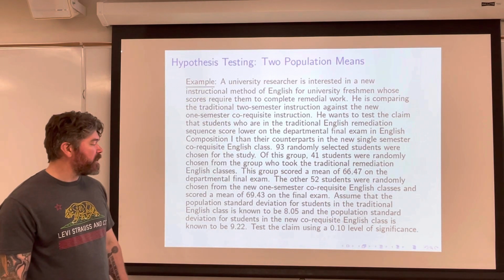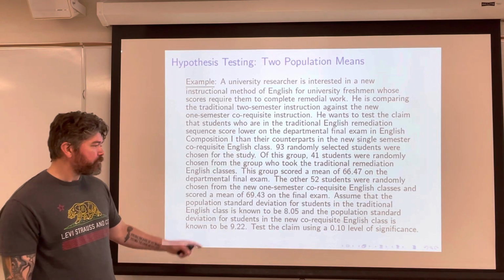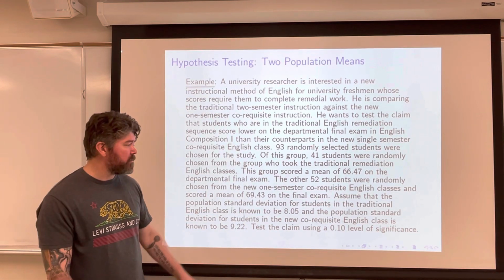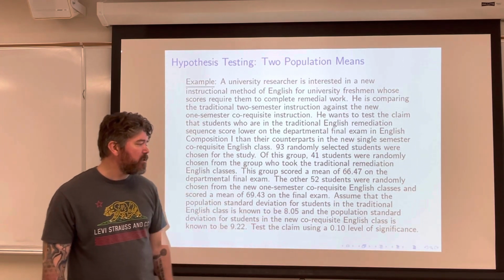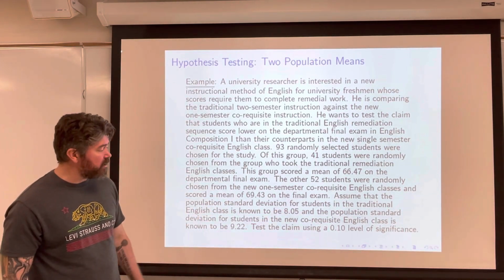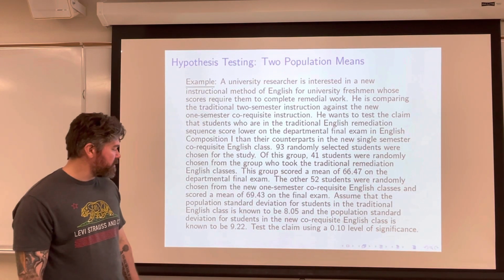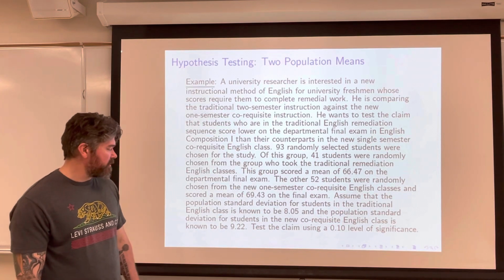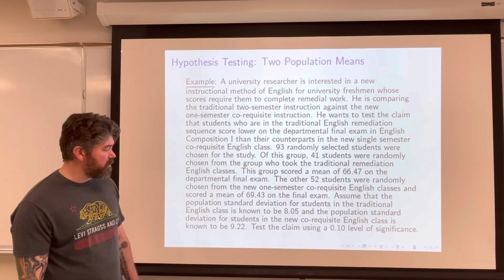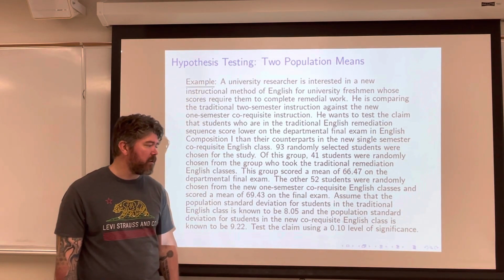Assume that the population standard deviation for students in the traditional English class is known to be 8.05, and the population standard deviation for students in the new co-requisite English class is known to be 9.22. Test the claim using a 0.10 level of significance.